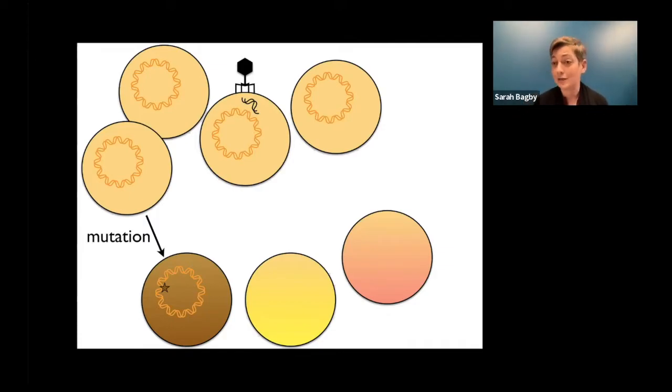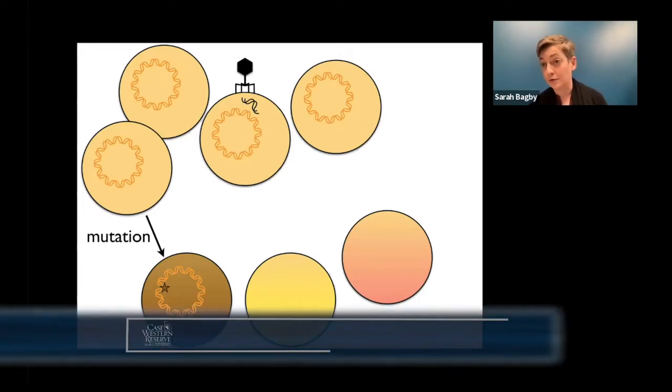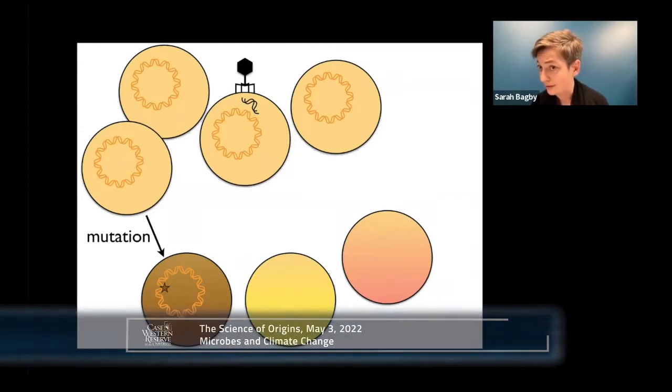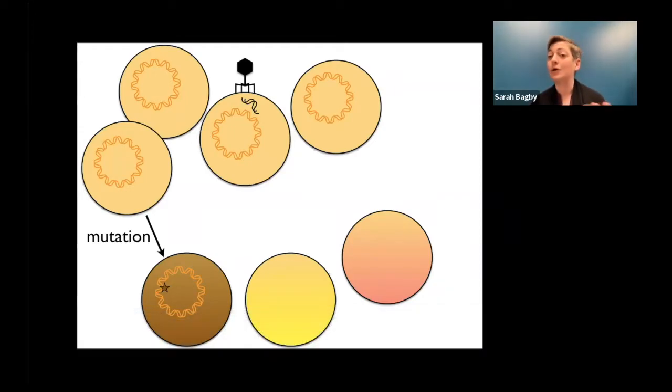And when there are lots of them, they burst the host cell, and that's a replication cycle. And that happens, and it's really important. For context, when I say really important, we know now that in the oceans, literally a third of microbial cells are killed every day by this process. So hugely important to cycling in lots of ecosystems.